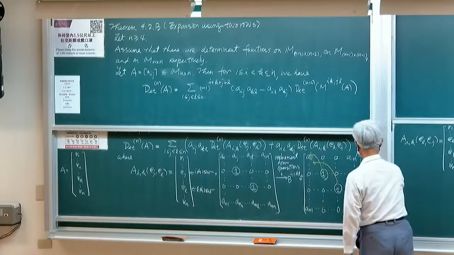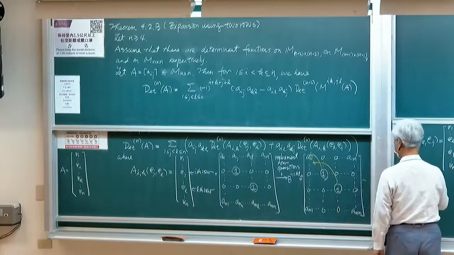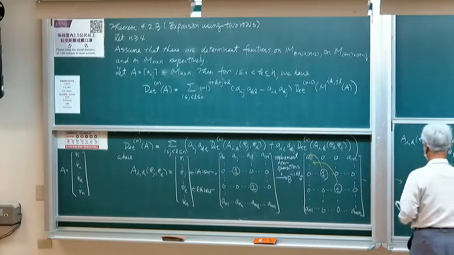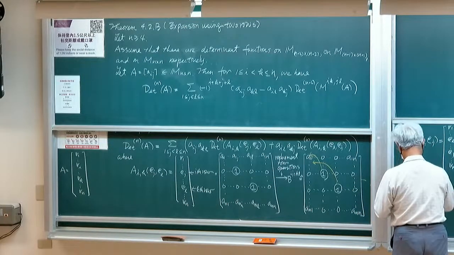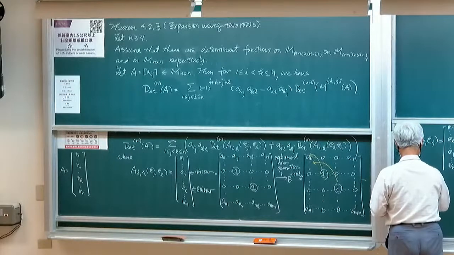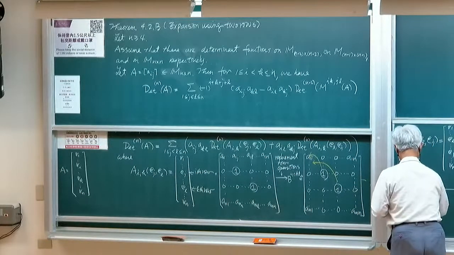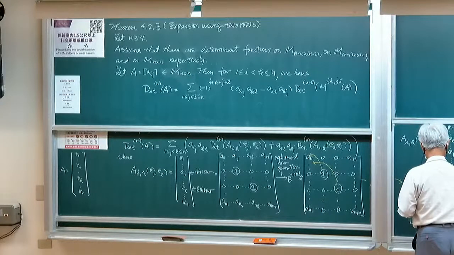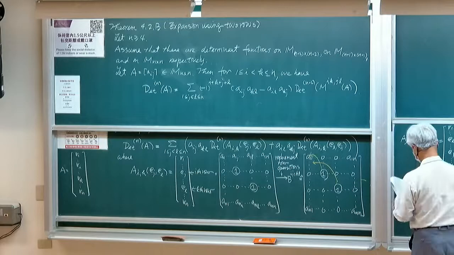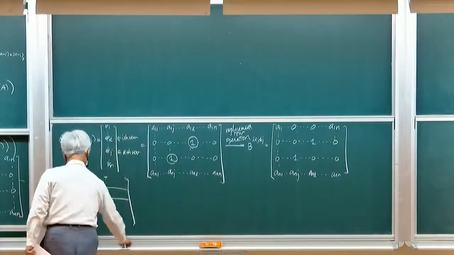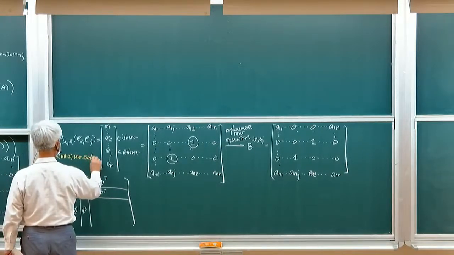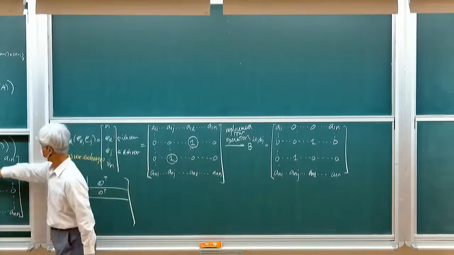So that this one, I, will go to here. All right, so now by I minus 1 plus K minus 2 row exchanges, you move up.